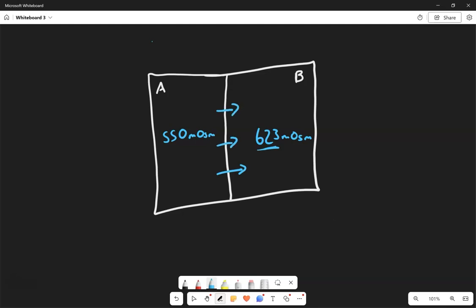Okay? That is what we refer to as the osmotic pressure. It's how much pressure is there to draw water into a compartment based off of how much stuff is there. So a way to think of it is this has 550 milliosmoles of osmotic pressure. This has 623 milliosmoles of osmotic pressure, right?